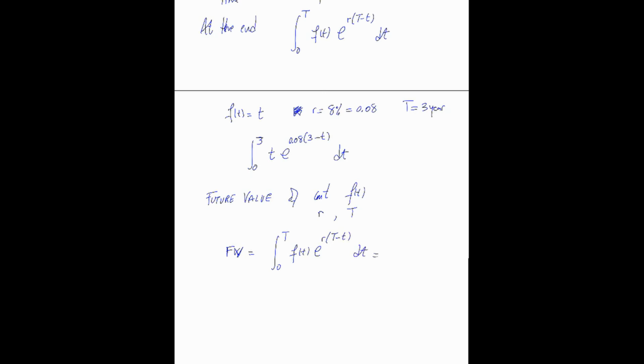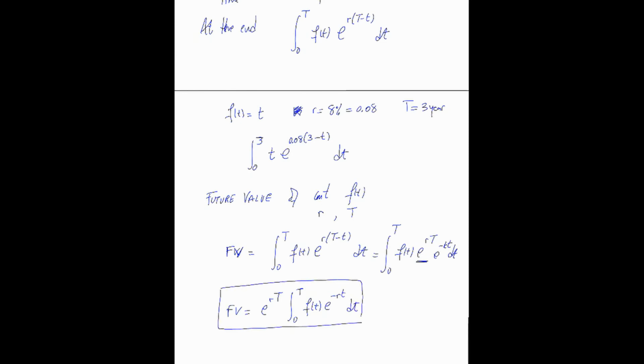Observe this can be written as the integral from 0 to capital T of f of t e to the r capital T e to the minus rt dt. This e to the rT is a number, because r is a fixed rate and the total period T is also fixed. So we can write the future value as e to the rT times the integral from 0 to T of f of t e to the minus rt dt. And this is the money you will get at the end of your investment period.